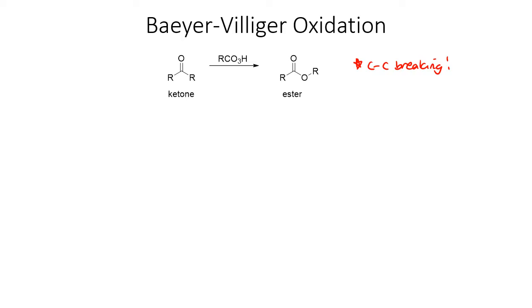So let's go ahead and go through the mechanism. Now in this mechanism, the oxygen of the peroxy acid is going to act as our nucleophile. So I will go ahead and draw out peroxy acid. It contains a carbonyl as well as an oxygen attached to another oxygen.